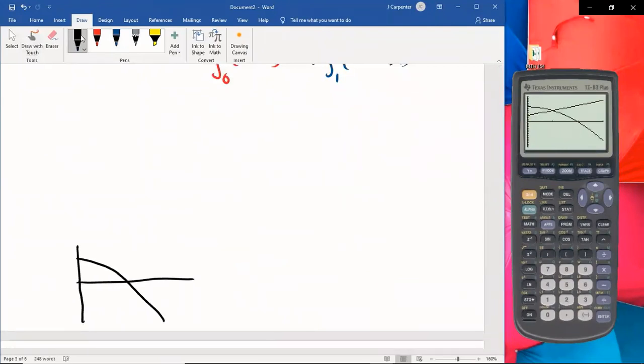Here's our line, and they cross at 1. So let's have this be the 1. So here's 1, and then here's 3. The area that we're finding is this little chunk right here, and then this chunk going up to the 3. That's the area that we're currently finding.